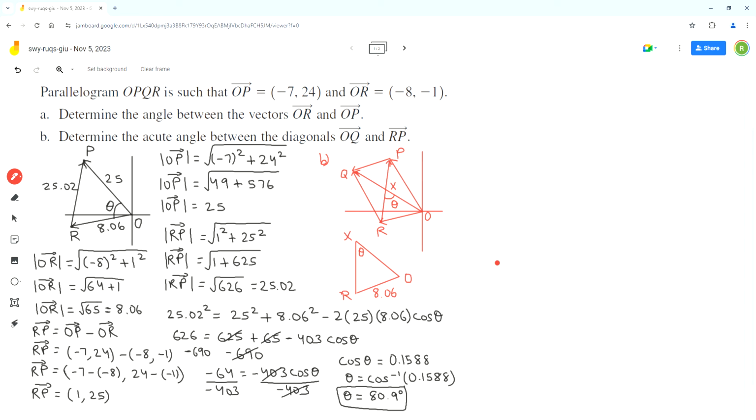Now in a parallelogram, the diagonals bisect each other. That means the point at which the diagonals cross each other is the midpoint of the diagonals.